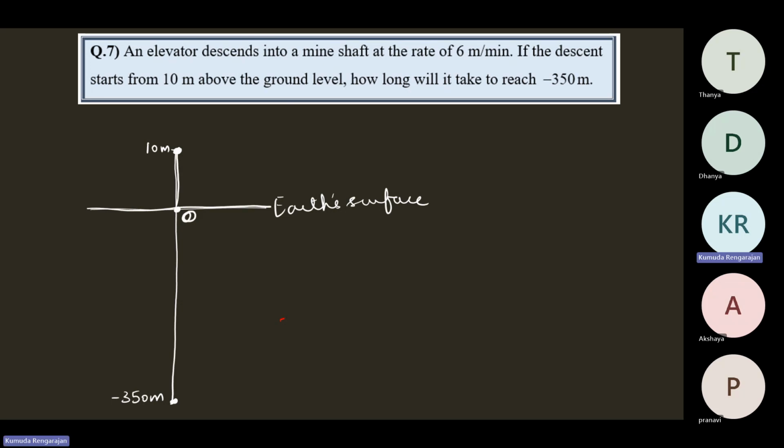The elevator is here. And where should it go? It has to go down into the mine shaft and reach this point, which is marked minus 350 meters. Very simple question. You just have to find how long it will take.